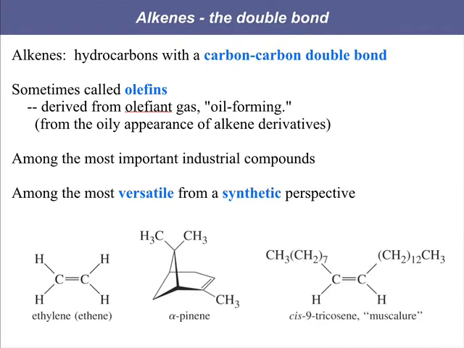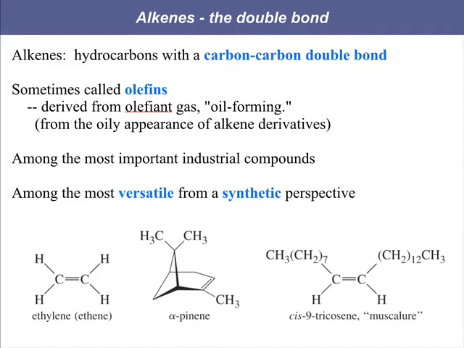So like I mentioned, alkenes are the functional group name that we give to a double bond. So alkenes are hydrocarbons that contain at least one carbon-carbon double bond. Remember that alkanes, we said, were hydrocarbons that were all single bonds. So now alkenes, we're adding in a double bond.